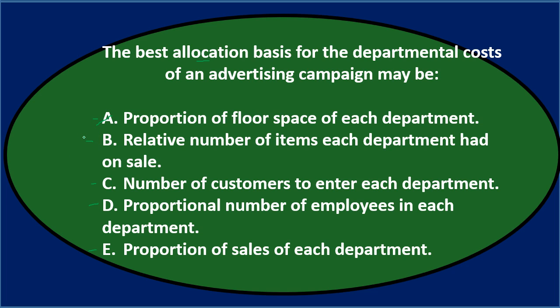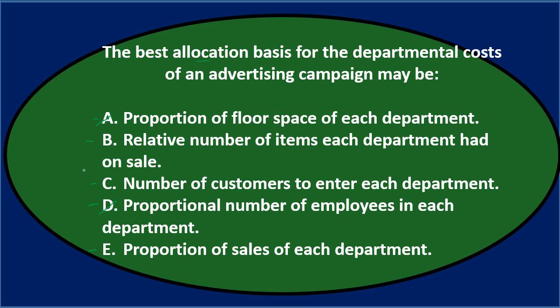I would think that the proportional number of employees may not be the best way to allocate the advertising. That might be a good way to allocate some other type of expense, but possibly not the advertising.